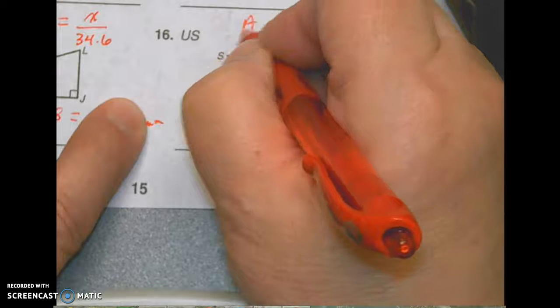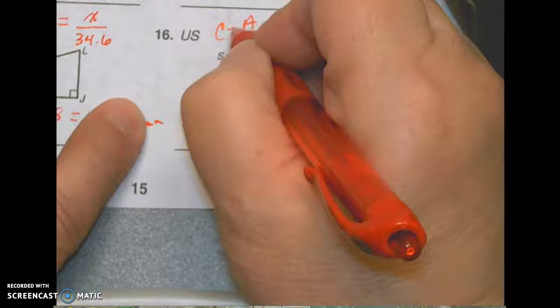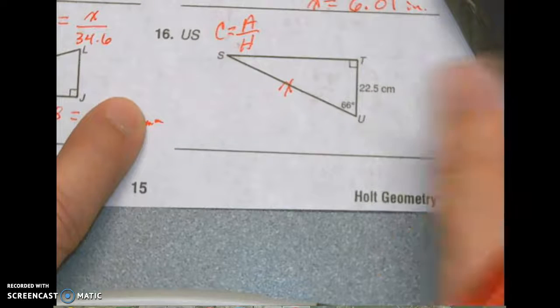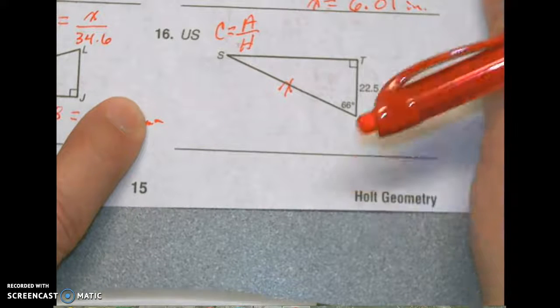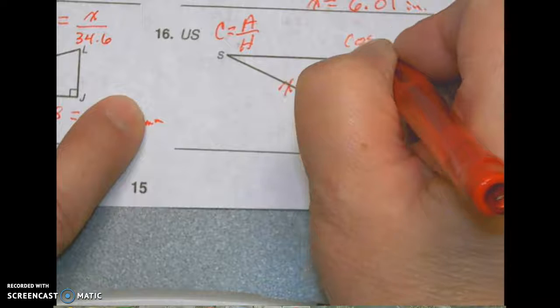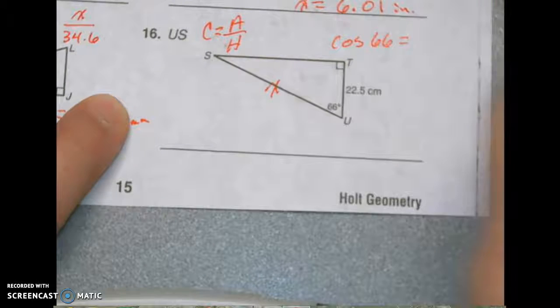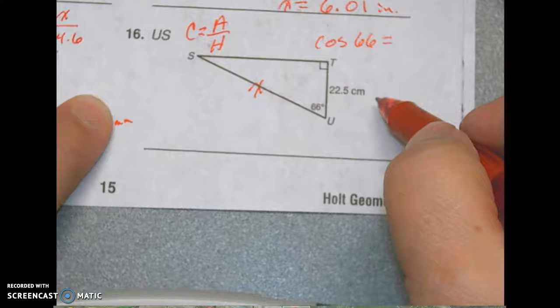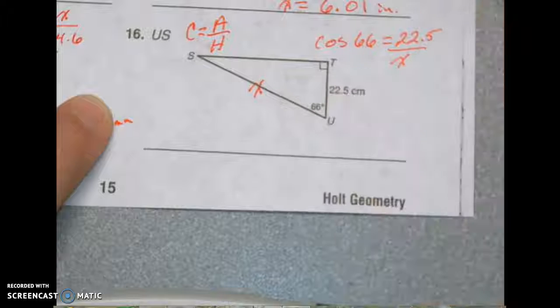So that adjacent and hypotenuse means I'm going to be looking at the cosine function. That's SOH CAH TOA, the CAH part. So when I set up my problem, I'm going to be writing that I want the cosine of 66 degrees equal to my adjacent side, my 22.5, over the x that I'm looking for.